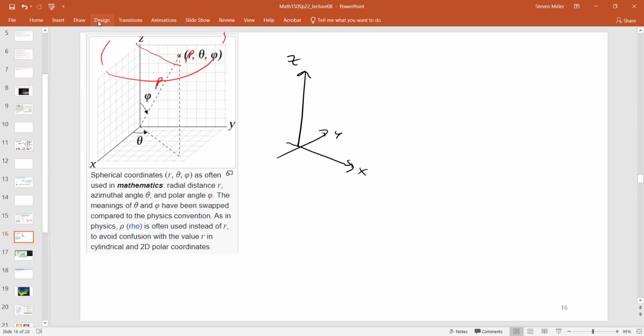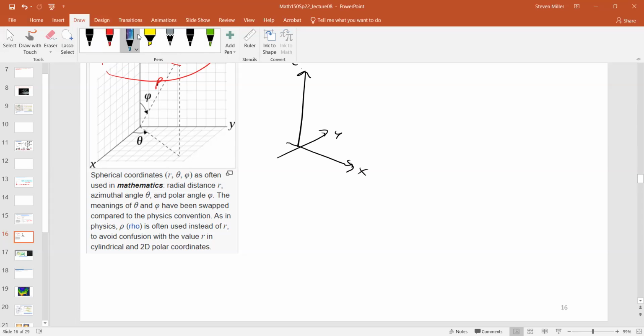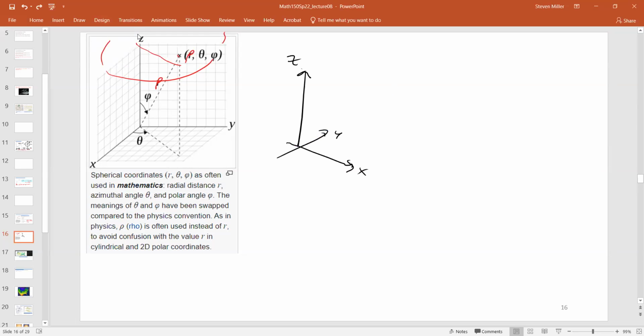Now let's say here I am coming down like this. Here's my angle phi. This vector has length rho. What is this length going to be over here? I've got my height, and I'm going to call this the radius of the circle that's parallel to the XY plane. So what's the height h?